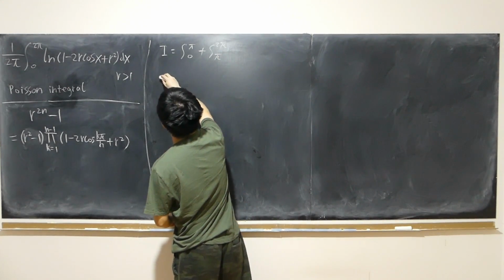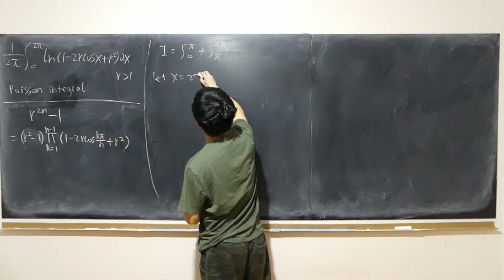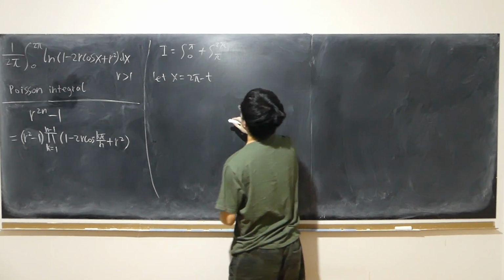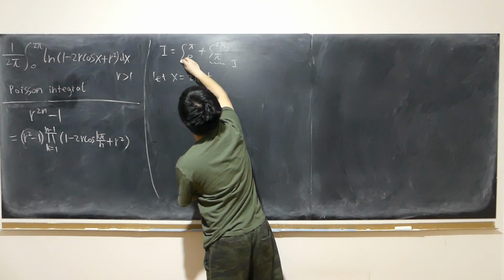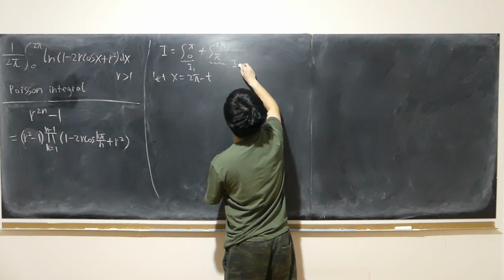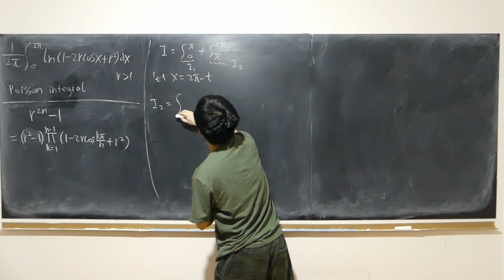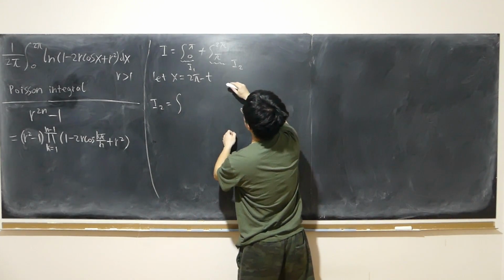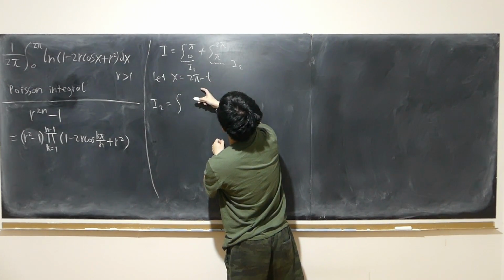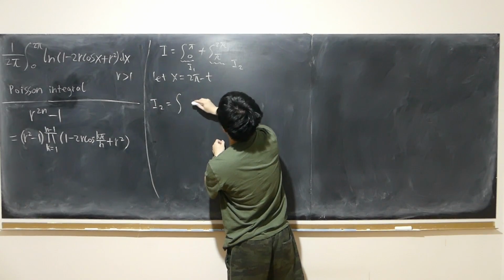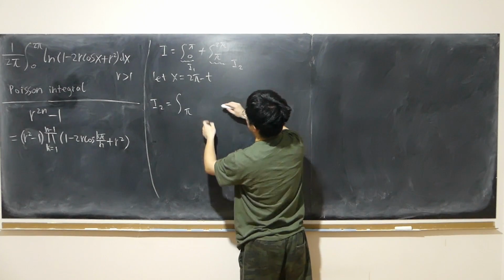So if I let x equal to 2 pi minus t, then for I2, when x is equal to pi, t is equal to 2 pi minus pi. When x is equal to 2 pi, t is equal to 0.